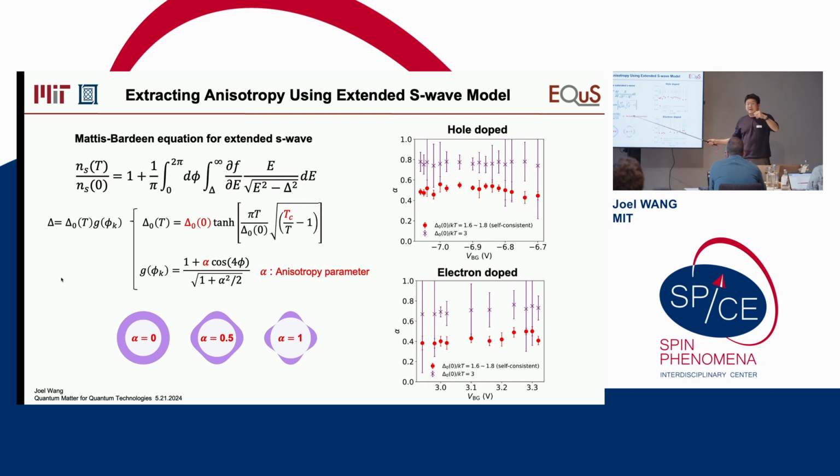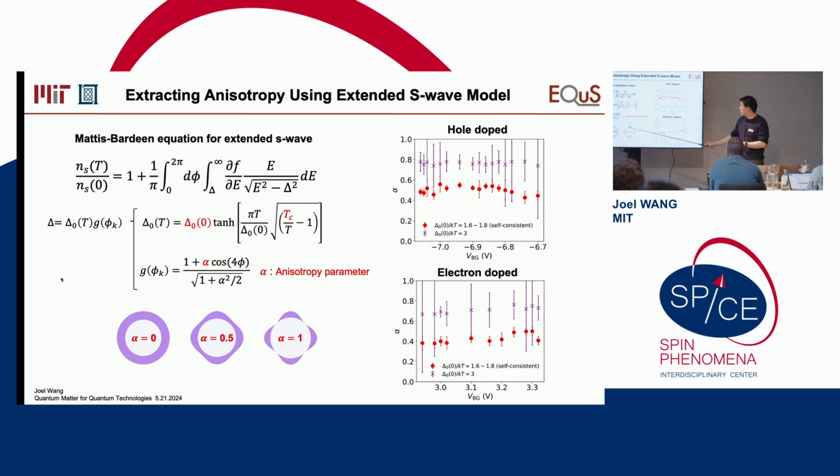It also has a certain temperature dependence, and from there we can find the anisotropy parameter alpha, which is typically around 0.5. Just to give you an idea, when alpha equals 0, it's isotropic, and alpha equal to 1 is a nodal superconductor. So alpha equal to 0.5 gives you something like this.